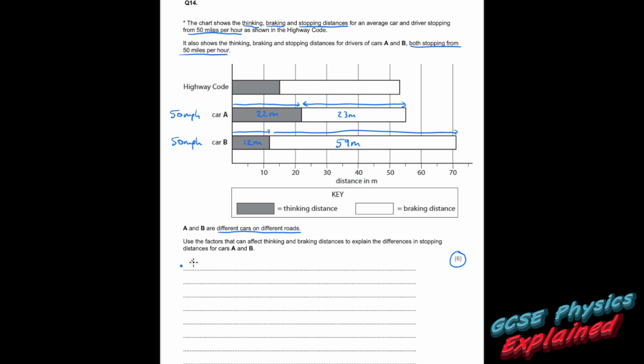So car A has a longer thinking distance than car B. And we'll pop the values in, just in case they don't see our annotations on the diagram.